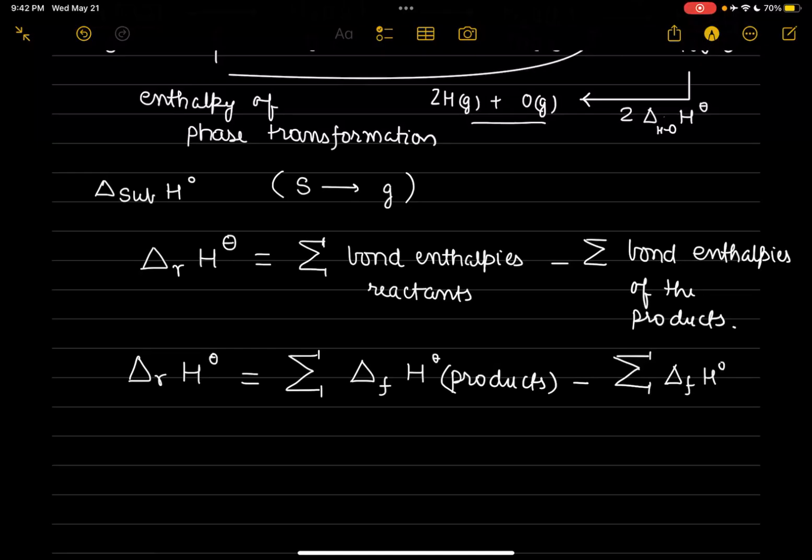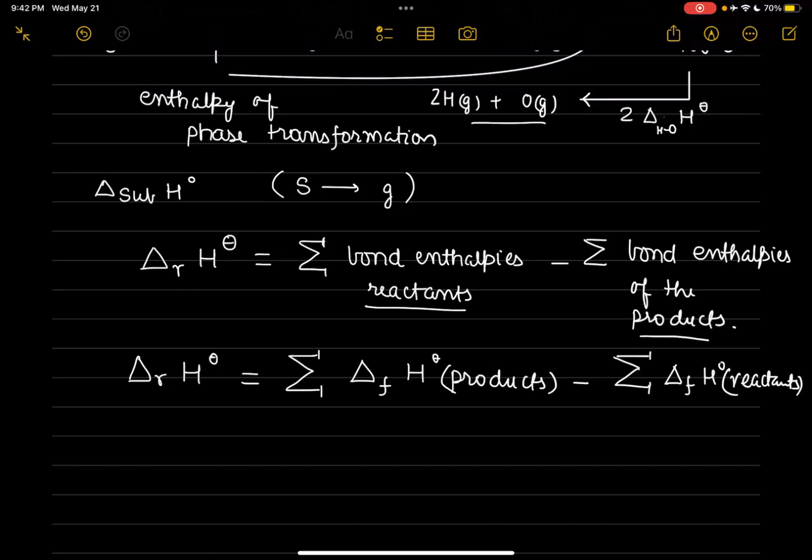Are you getting the point or not? Yes, sir. So for formation it is products minus reactants. For bond energies, you need to break the bonds of the reactant first, then only the reaction is going to happen. So you put the reactants first and then the products.